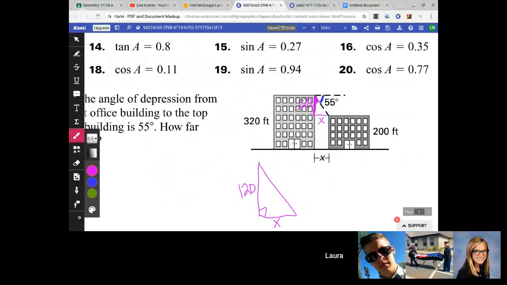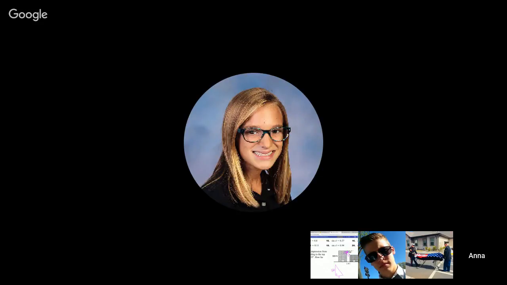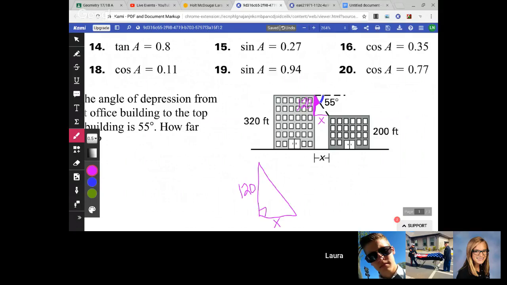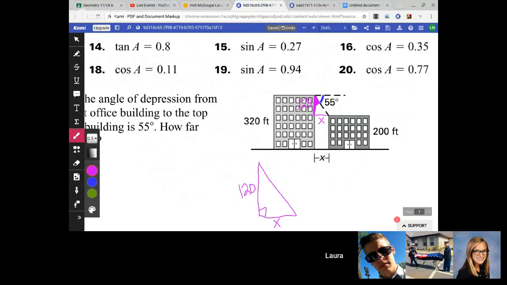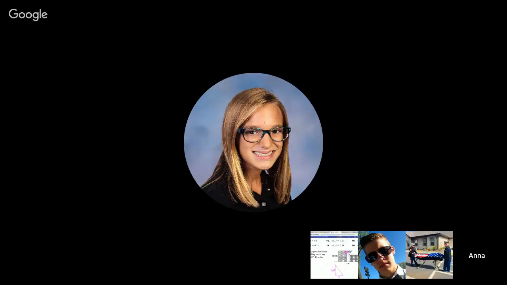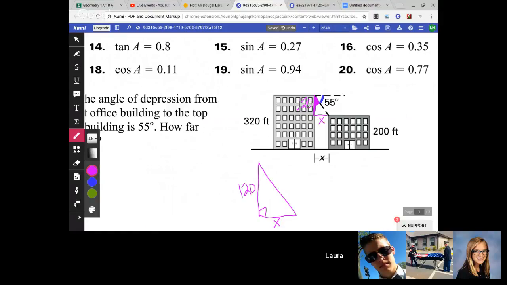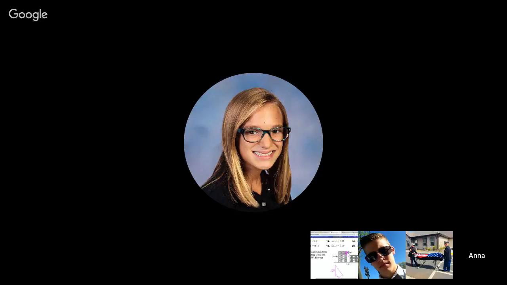How could we find that angle? 95 minus 55. Or 90 minus 55, yes. That's what I meant. So how much would the top angle of our triangle be? 35. Mm-hmm. Is this making sense how I'm pulling this out of what they gave us? Yes.